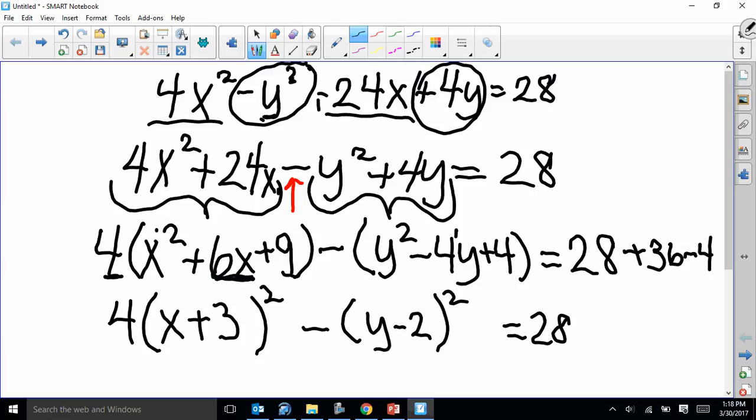So we need to subtract 4 from the right side. So now this 28 is no longer a 28. It's really 28 plus 36 minus 4, which is 60.